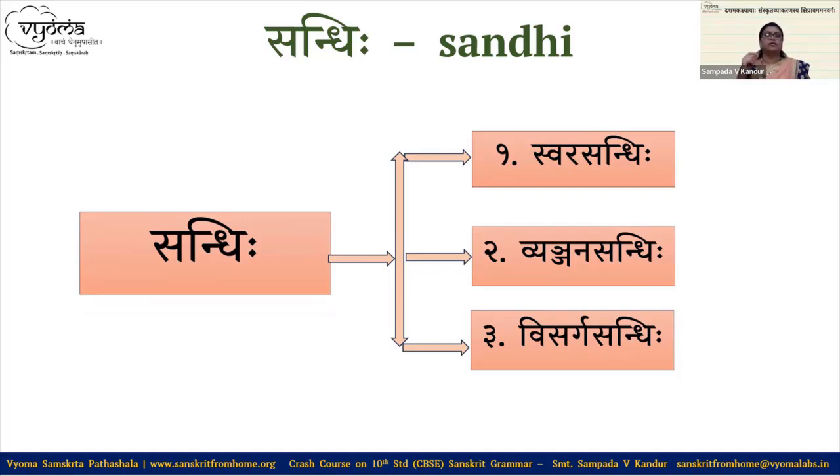Swaras are given importance. Because of the specific position of swara, that sandhi is applied. In Vyanjana sandhi, vyanjanas are important, and their position and place decide which rule has to be applied in the formation of sandhi. So these are change makers.